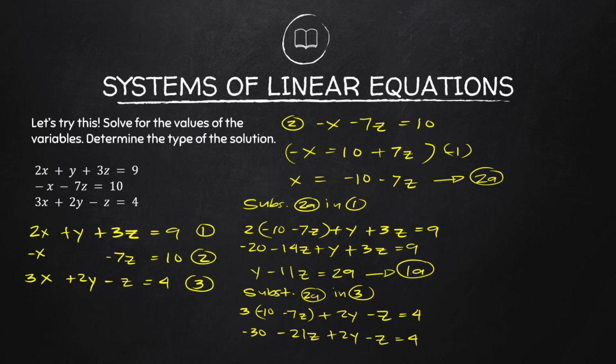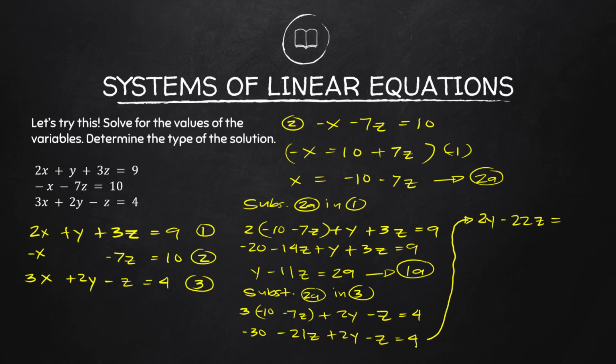So simplifying, we have here positive 2y, and then we have negative 22z equal to 4.